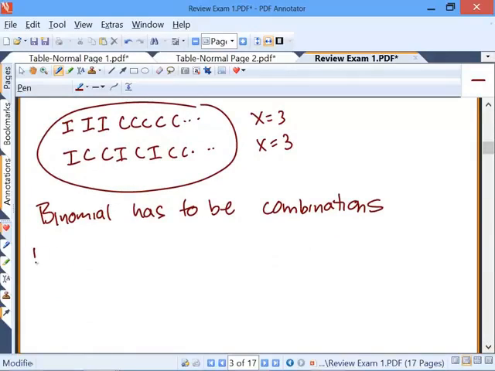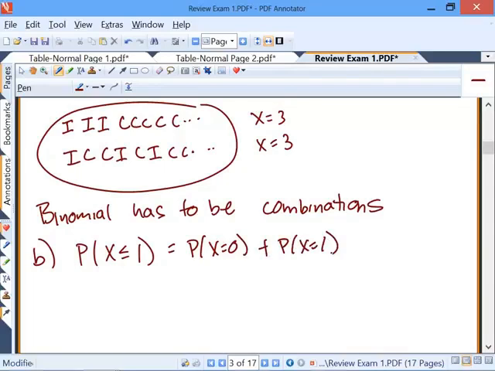Continuing this problem, part B asks, what is the probability that a wafer contains no more than 1 incorrectly placed chip? If we want no more than 1, that means x is less than or equal to 1, which would be the probability that x equals 0 plus the probability that x equals 1. Do I need to redo these probabilities?